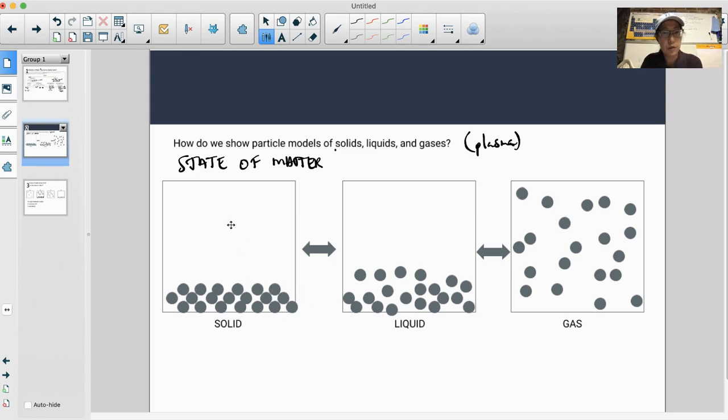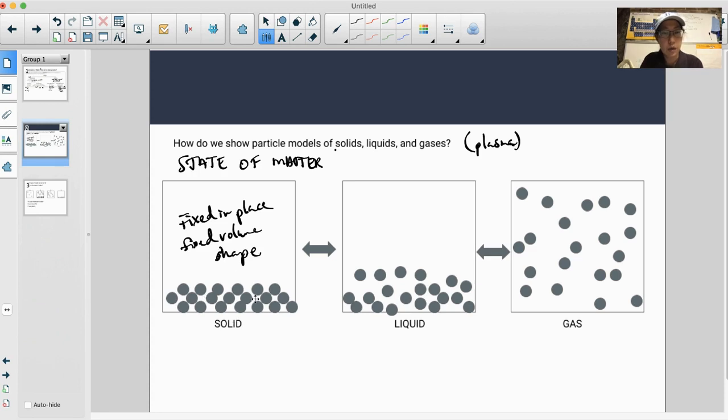In this first diagram, we have a solid. The atoms are fixed in place. There is still some energy, some motion, but basically they're fixed in place, and they have a fixed volume and fixed shape.